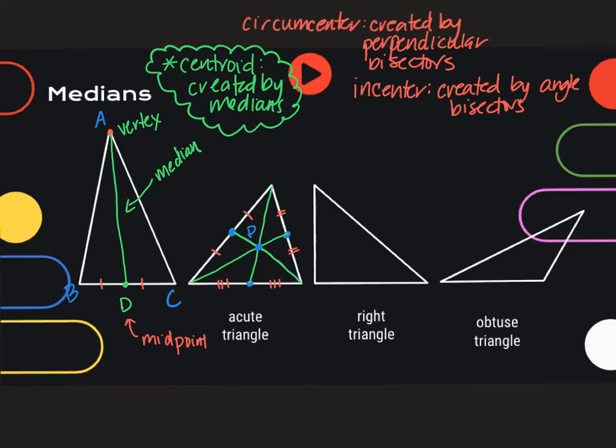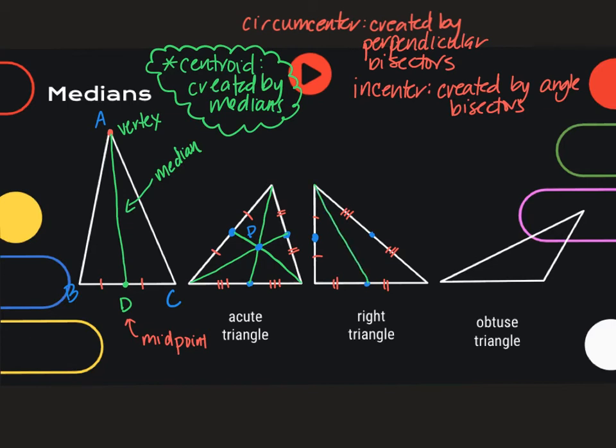Now let's take a look at the right triangle. So once again, we're looking for the midpoint of each side of the triangle. And then to find the median, you go from the vertex to the midpoint.